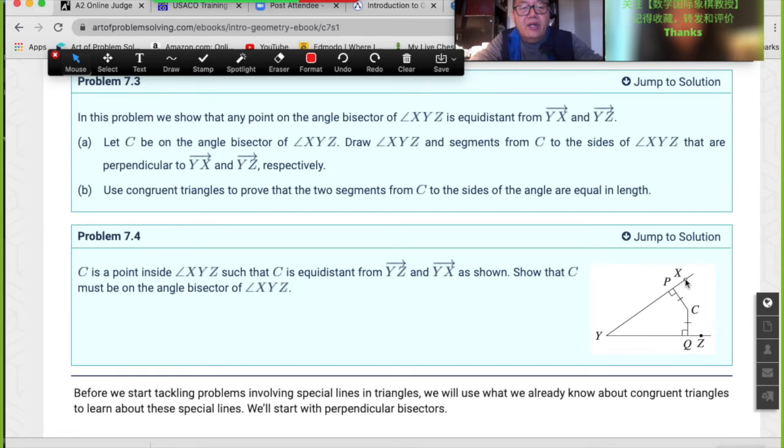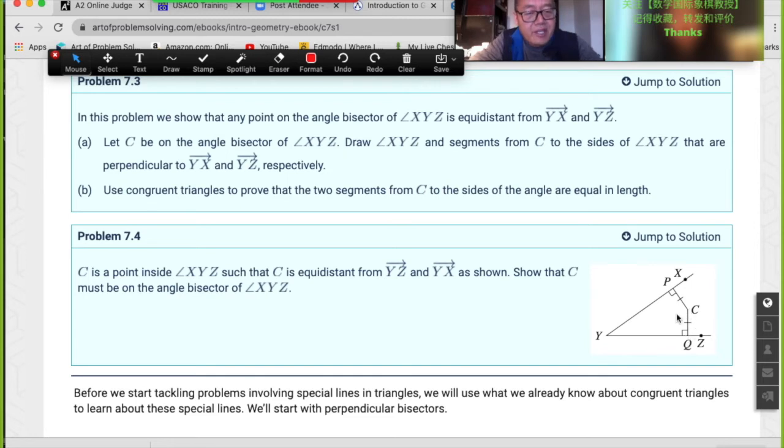See the angle as X, Y, Z. So this one tells you that if C is on the angle bisector of this angle XYZ, then C will have the same distance to the angle sides XY and YZ.